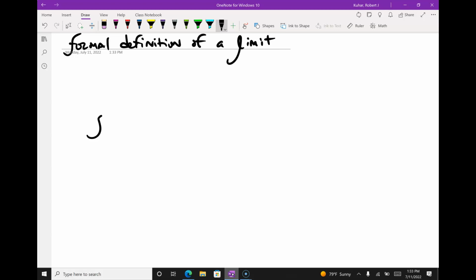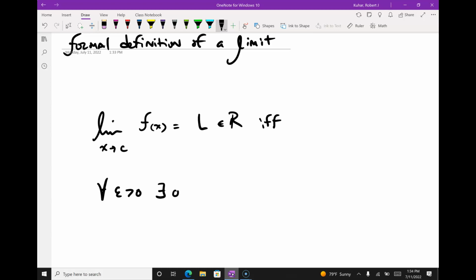We're going to say that the limit as x goes to c of f of x equals L if and only if for every epsilon greater than 0 there exists a delta greater than 0 such that the absolute value of x minus c is less than delta implies the absolute value of f of x minus L is less than epsilon.